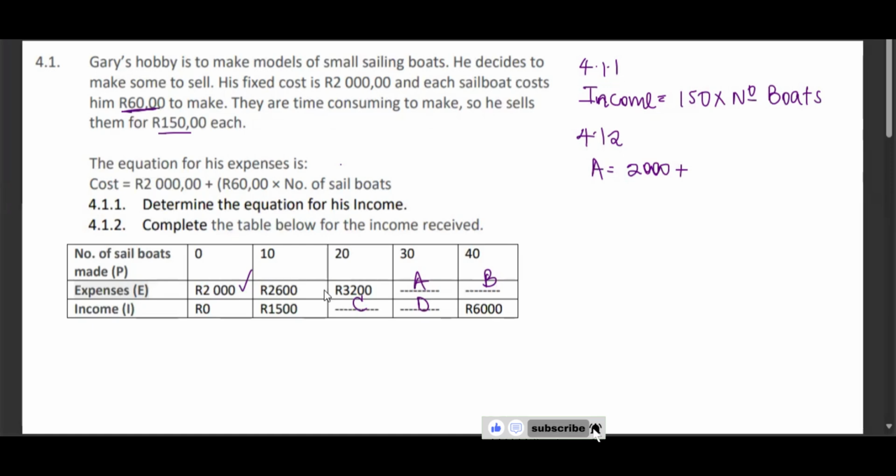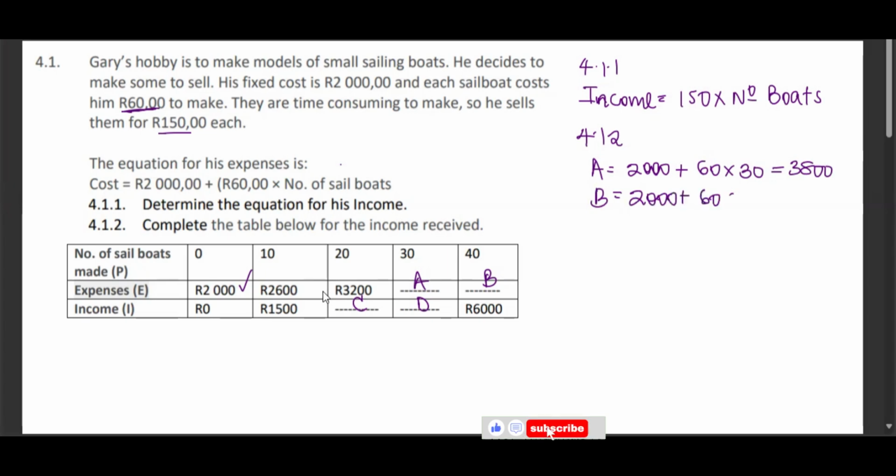The cost seems 62. So 60 times the number of bots, which are 30. And your answer there is 3,800.